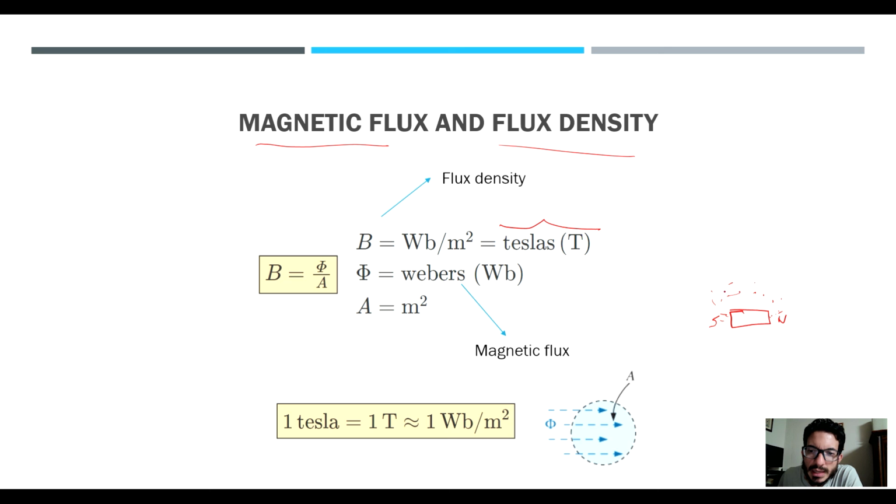If you take an area, a plane, and you measure that area, and you see how many magnetic flux lines are going through it, you can find your flux density like so. This is your flux density B equals your magnetic flux divided by your area.